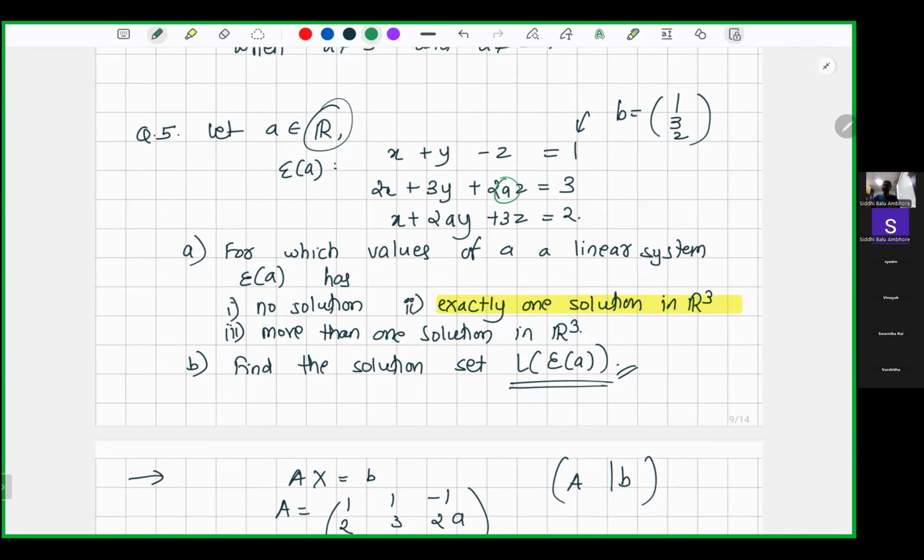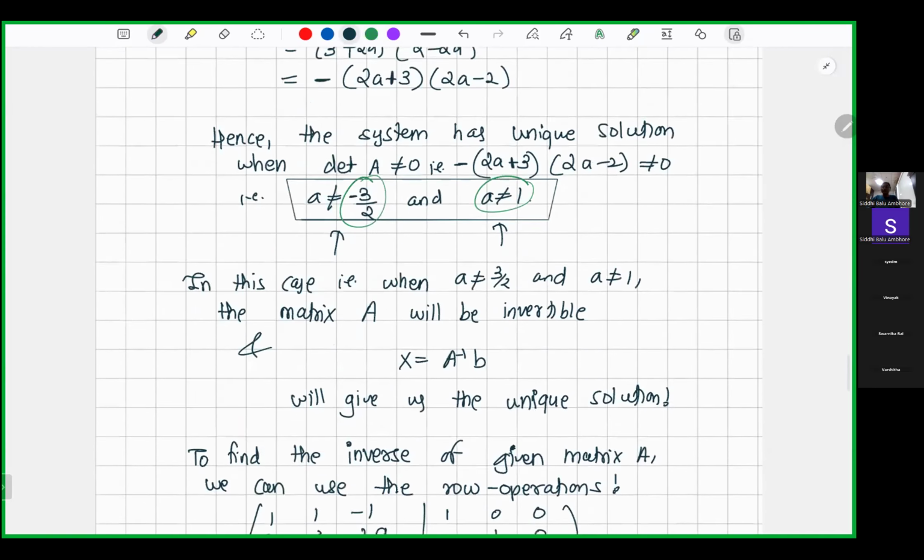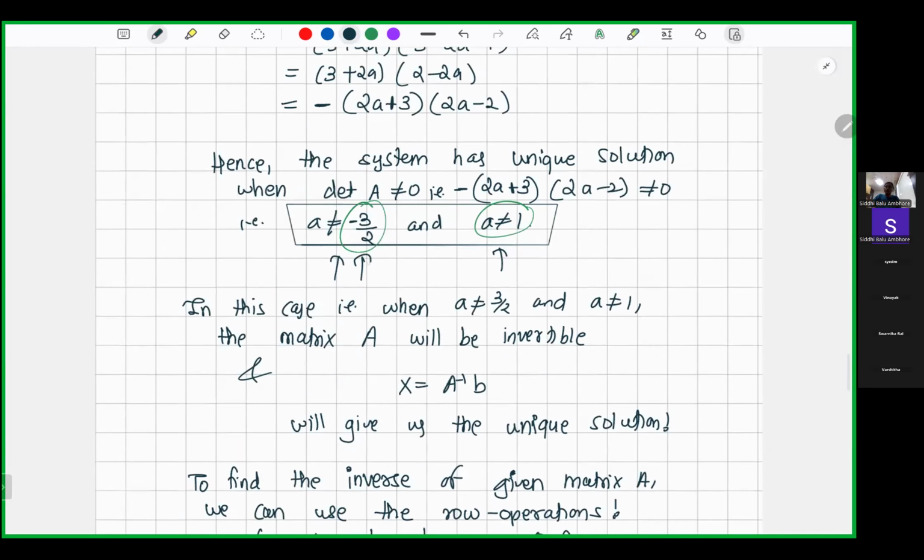So for exactly one solution, there are infinitely many choices except for minus 3 by 2 and not equal to 1 here. Whenever I choose a not equal to 1 or a not equal to minus 3 by 2, I will have a unique solution. And now only these two possibilities are left, that a is either minus 3 or a is equal to 1.